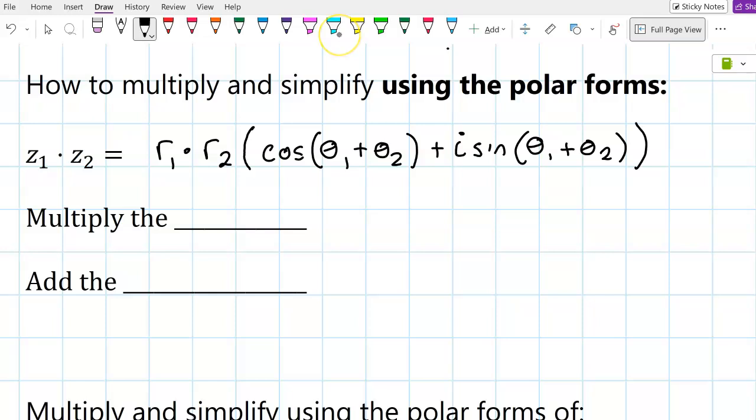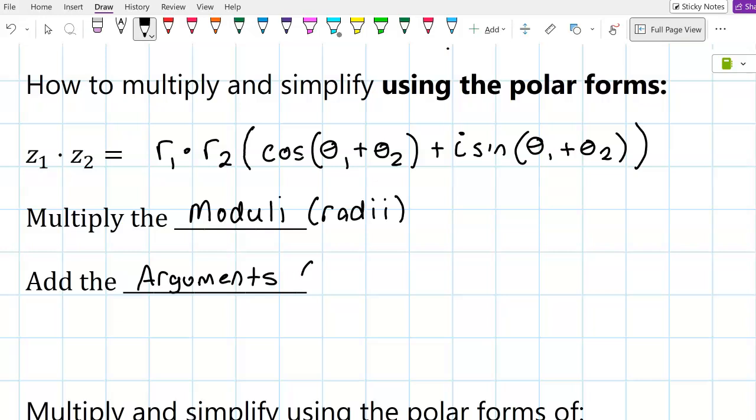So we multiply the moduli, aka the radii. The plural of modulus is moduli. So multiply the moduli, and we add the arguments, aka the angles. So we multiply the radii, and we add the angles for any two complex numbers. No matter what they are, if we know their polar form, we can multiply them easily.